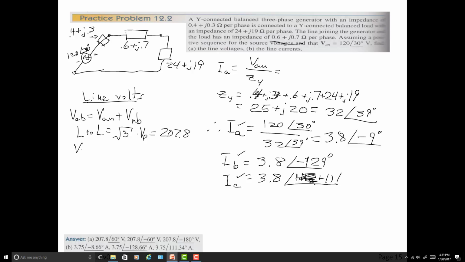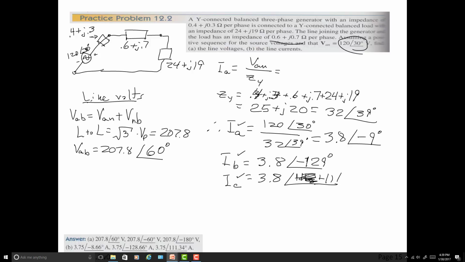All right, and now all we have to do is get our angles. VAB at first is 207.8 at an angle of, what's our first one? If it was initially 30 degrees, 30 degrees up here, remember our little picture? It migrated forward another 30 degrees, so this is going to be 60 degrees.